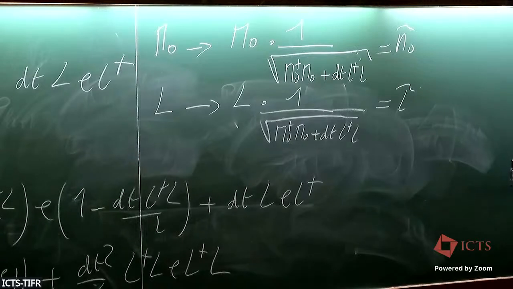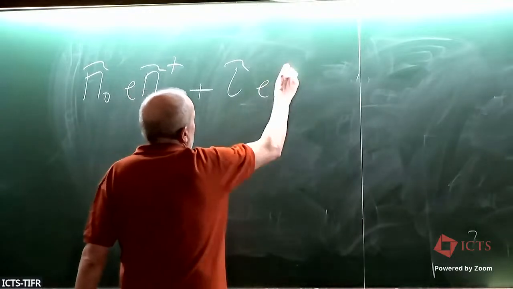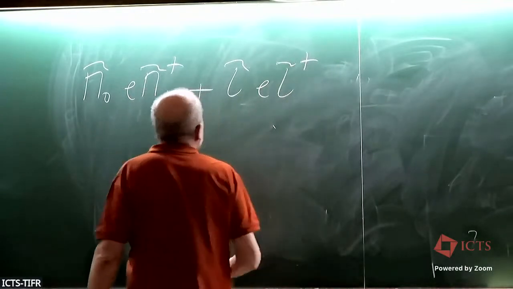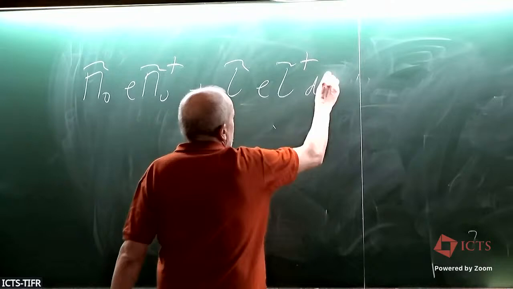And in this case, what you get is M0 tilde rho M0 tilde dag, plus L tilde rho L tilde dag, dt.